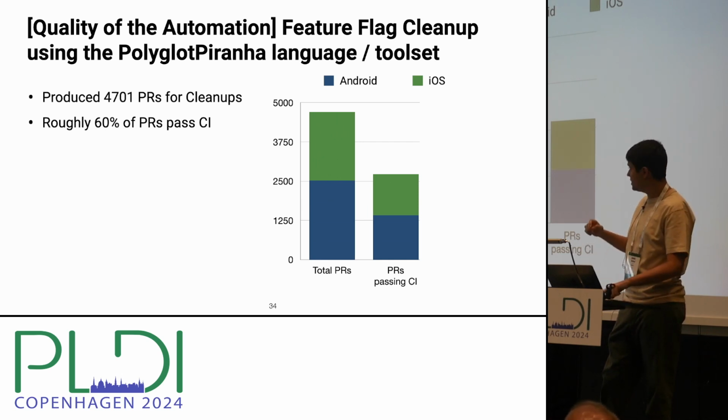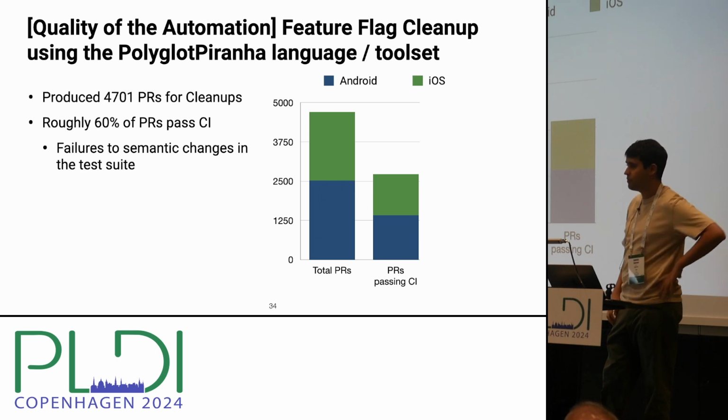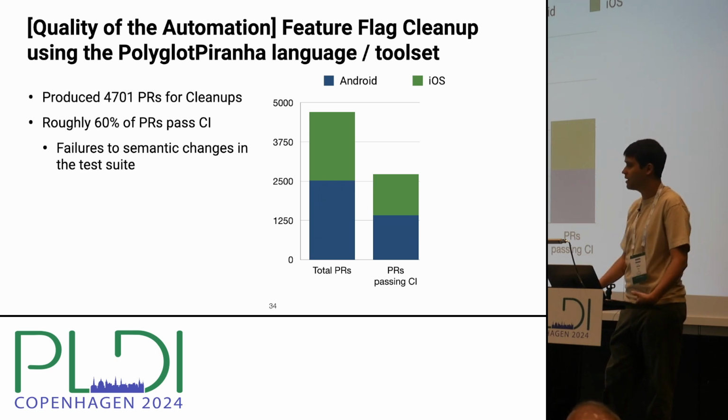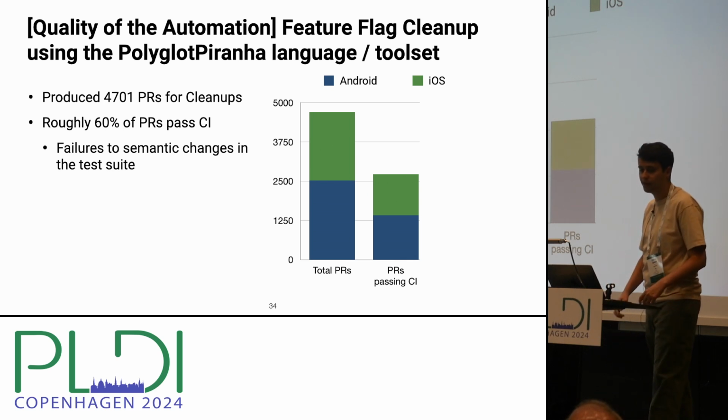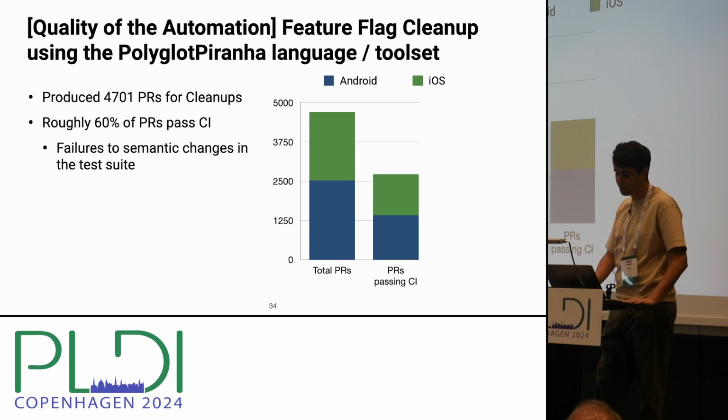The reason we have this gap, that not all of them are passing CI, is because sometimes whenever you clean up a flag, the semantics of the test suite change, so tests start failing. And the developer has to commandeer the PR and adapt the test suite based on their understanding of the flag.